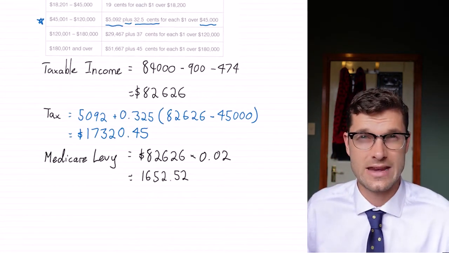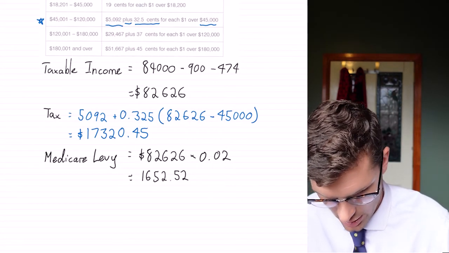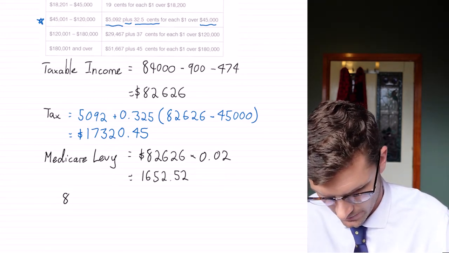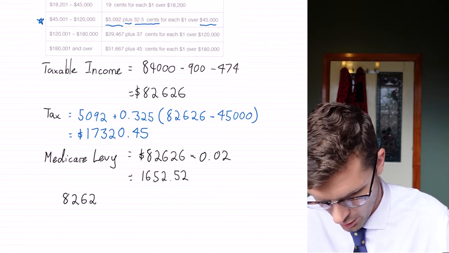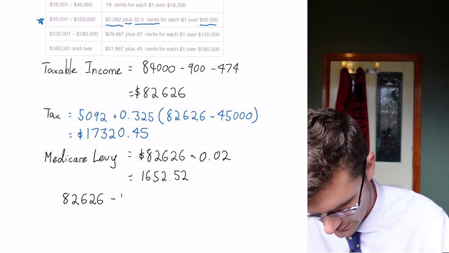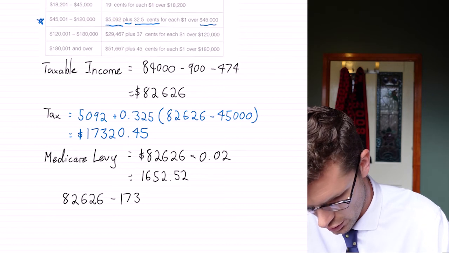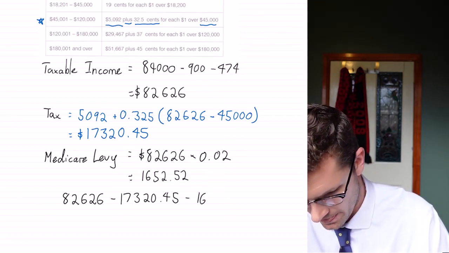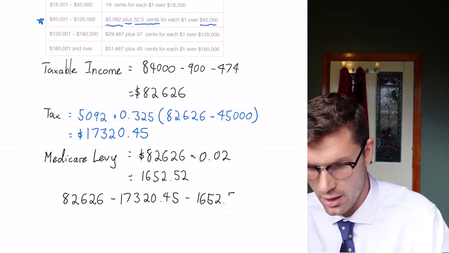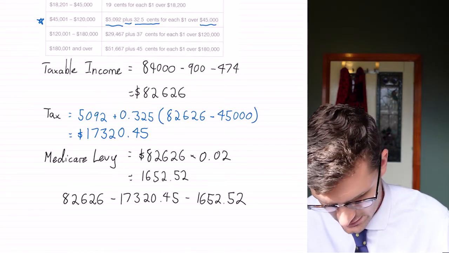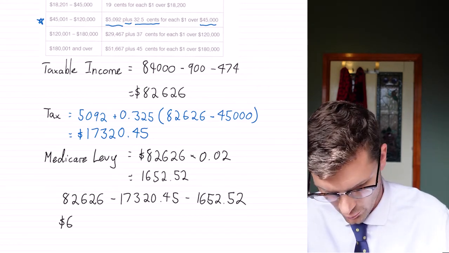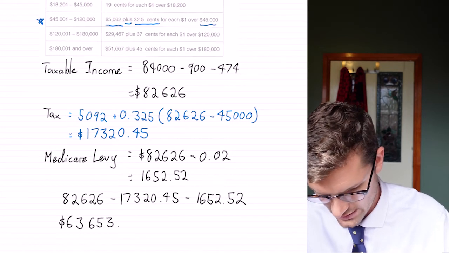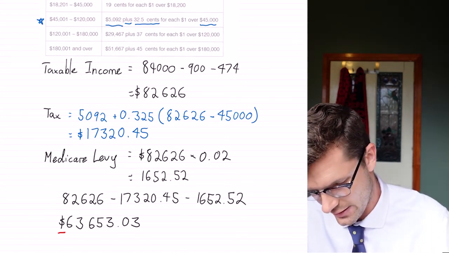So to find our net income, we've got our taxable income minus our tax, minus our Medicare Levy, thrown into the calculator, and that gives us, at the end of 1 year, $63,653.03. And that is our final answer.